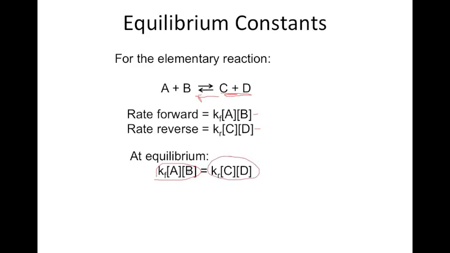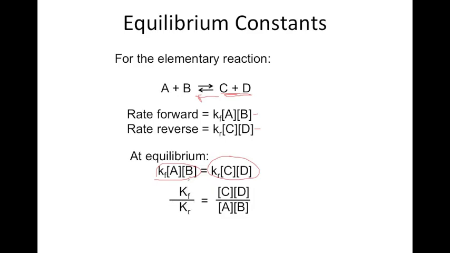Now, using a little bit of algebra, we can move our rate constants to the same side and our concentrations to the other side. And when we do that, we get something that begins to look like an equilibrium constant expression. So this would be considered the equilibrium constant expression. And we have our rate constants, Kf and Kr, on one side.